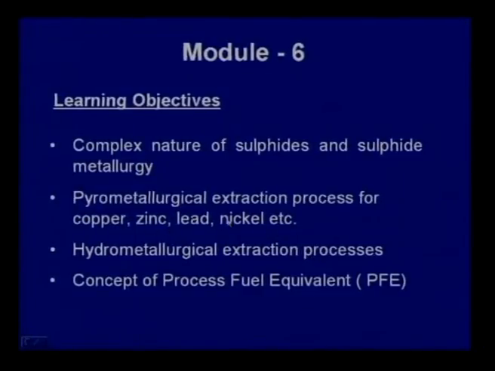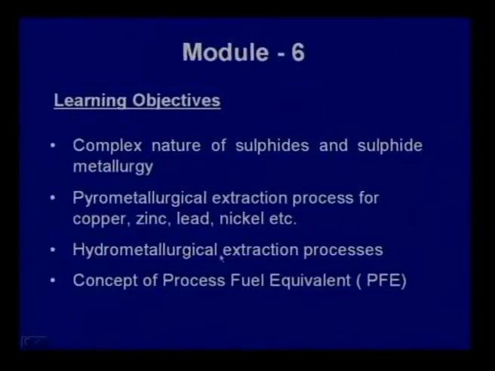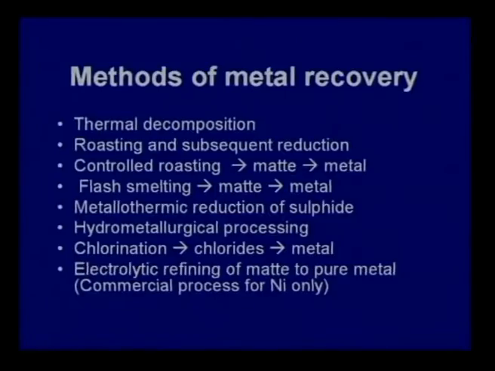We will perhaps touch nickel also, because nickel is also found as sulphides, also found as oxides. Then hydrometallurgical extraction processes for copper and zinc, not really for lead. Then we will talk about the concept of process fuel equivalent. That gives us a way of comparing energy requirements.